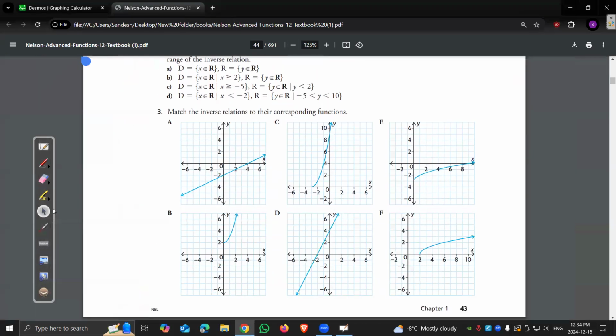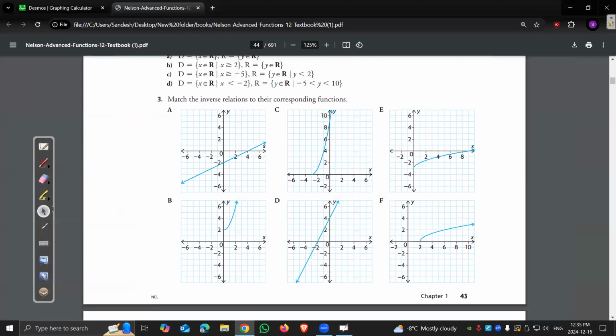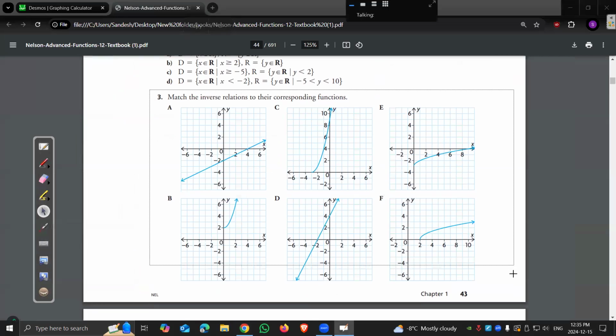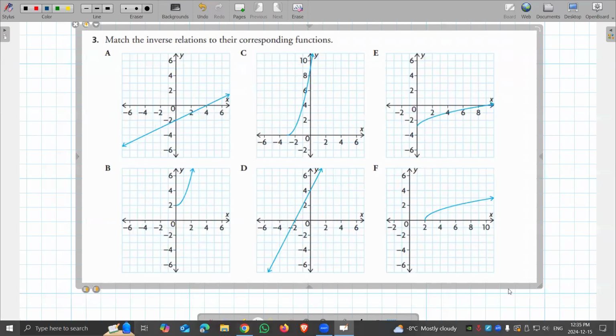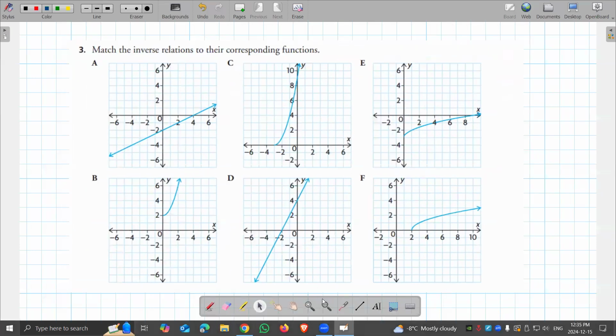What if they give you a sketch, a curve? How do we deduce inverse functions from a sketch? Remember? Inverse is simply a function that's reflected where?